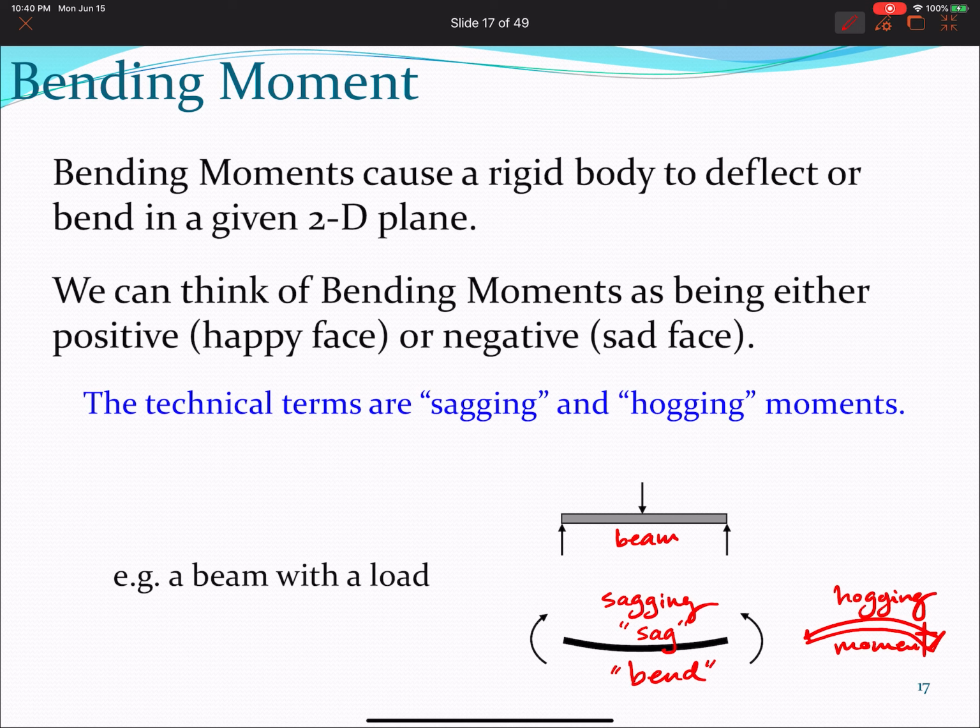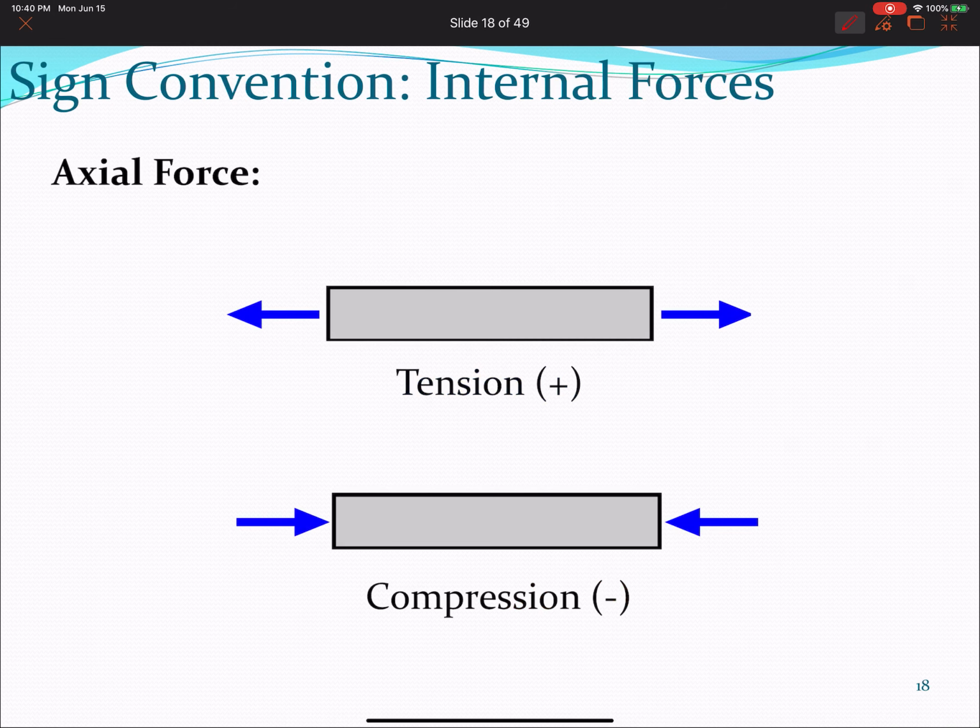Now, positive moment causes sagging, and negative moment causes hogging. So these are the effects of moment. They tend to bend things.